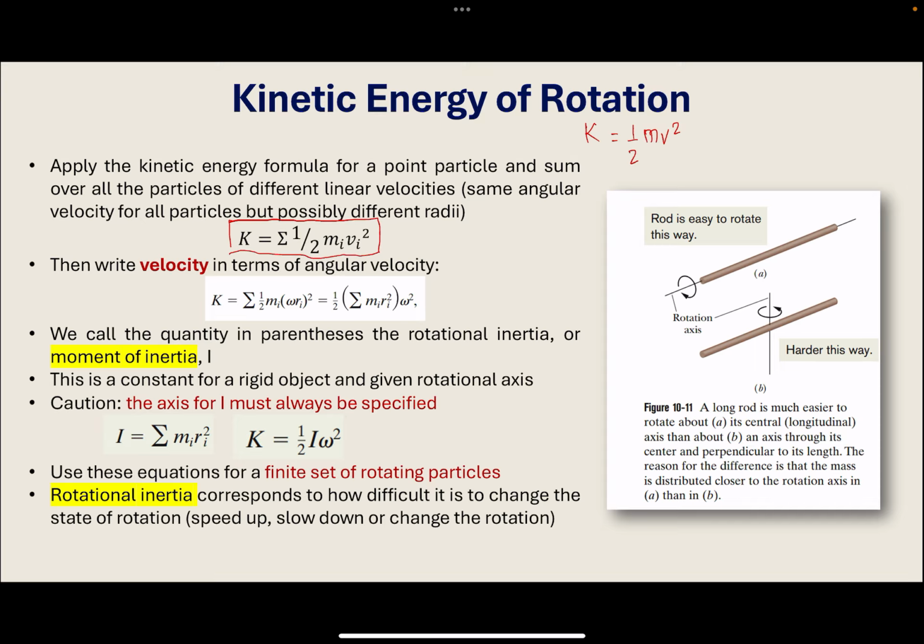Since every particle rotates with the same angular velocity omega, we can write v_i equals omega r_i. Substituting into the first equation, now we have this formula.